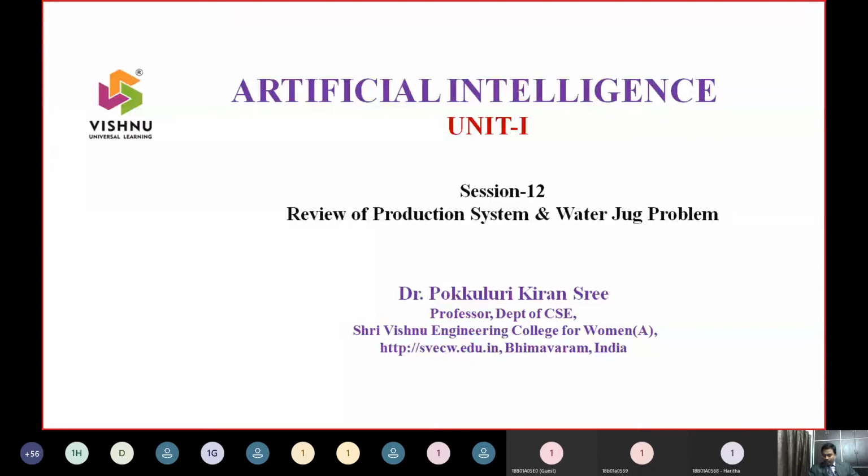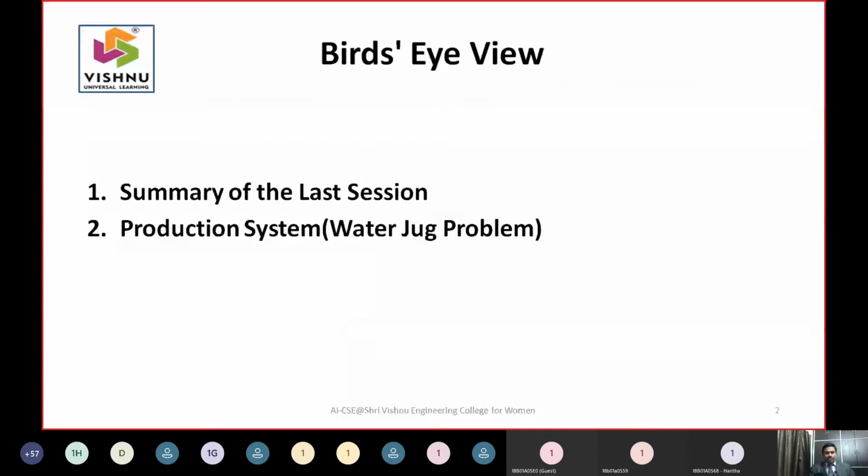We'll just continue. The agenda for this class is very simple: review what we did in the last class for 2 or 3 minutes, then design this production system for the water jug problem.